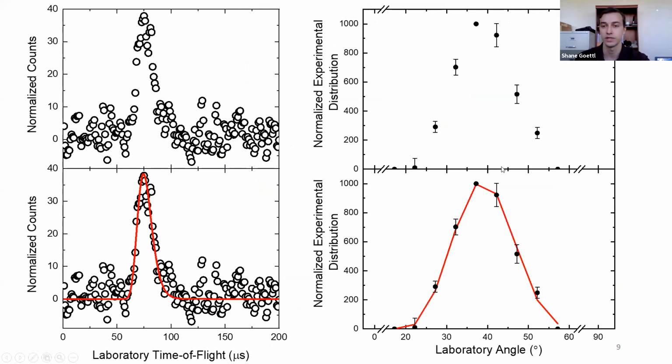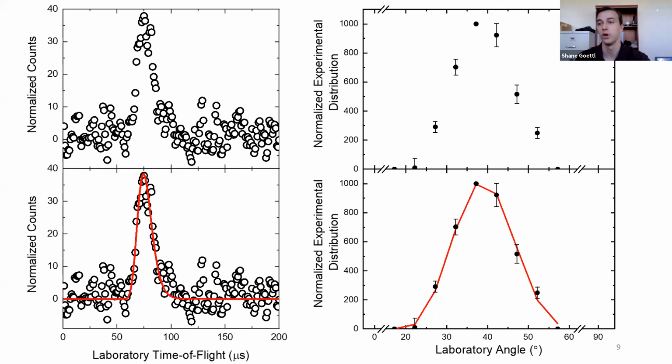And then from this, we can obtain a laboratory angular distribution by using the time-of-flight data at each of these angles. In order to get more information on our system, we must transform our laboratory data into the center-of-mass reference frame. To do this, we use a forward convolution routine where we estimate values of our center-of-mass angular flux distribution and translational energy distributions, which I will talk about in a bit.